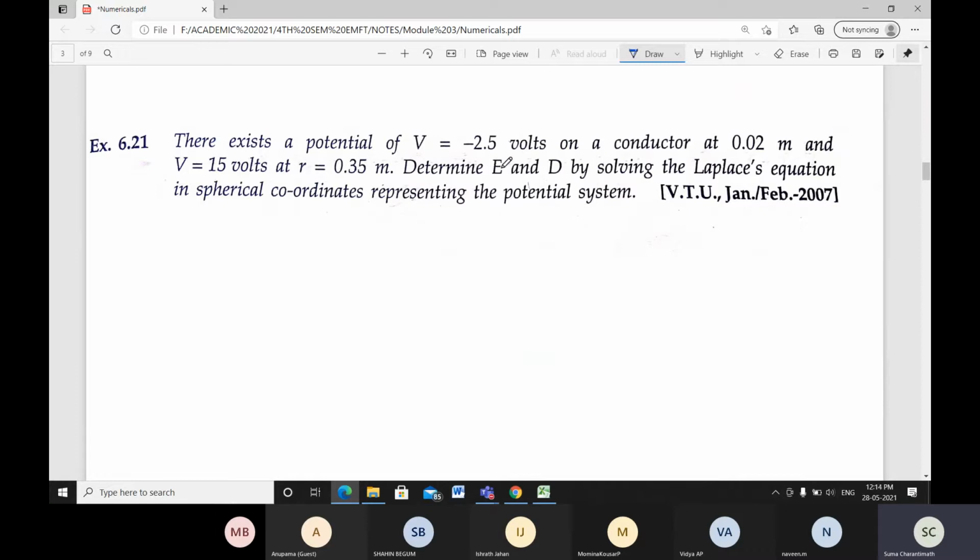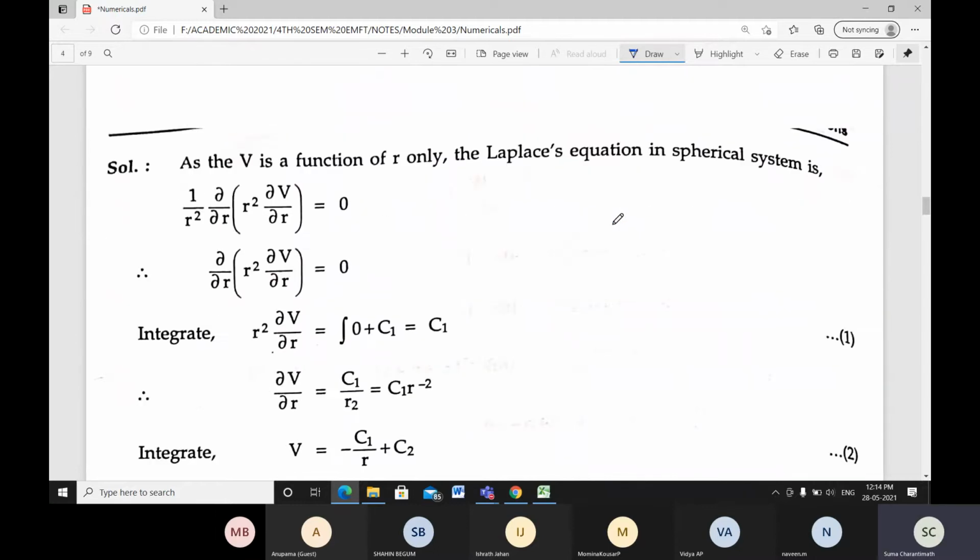Determine field intensity and flux density by solving the Laplace equation in a spherical coordinate system representing the potential system. In a spherical coordinate system, our Laplace equation is going to be 1 by r square dou divided by dou r into r square dou V divided by dou r is going to be equal to 0.